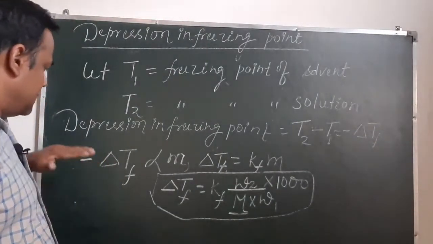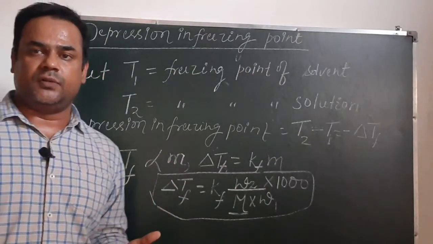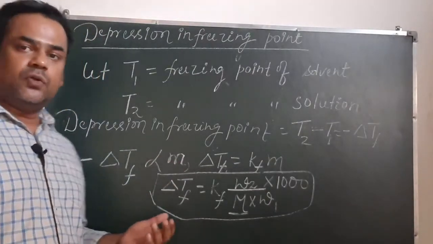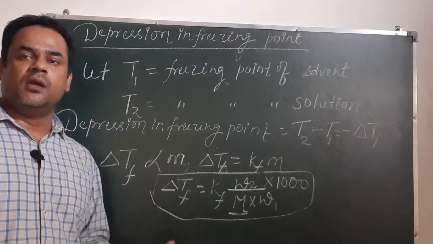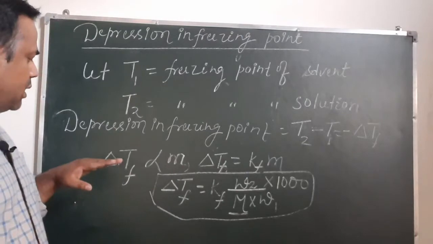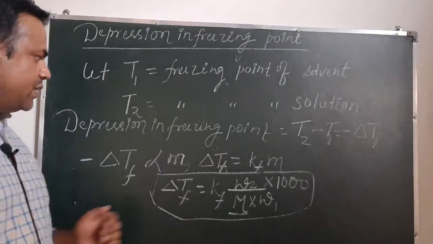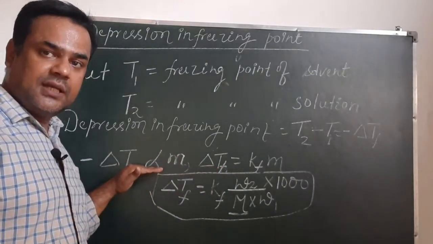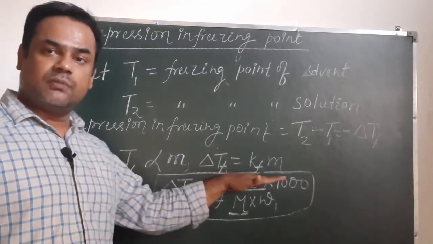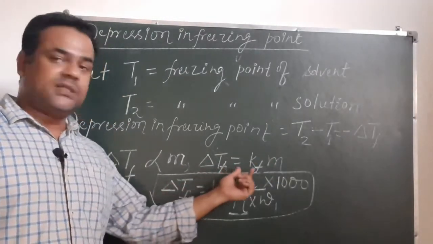Thus this delta TF will be directly proportional to molality of the solution. Already I have told you what molality is: the number of moles of solute present in 1 kilogram of solvent. So delta TF is directly proportional to molality, and to remove this proportionality sign, we have to substitute some constant, and in this specific case, the constant is Kf.